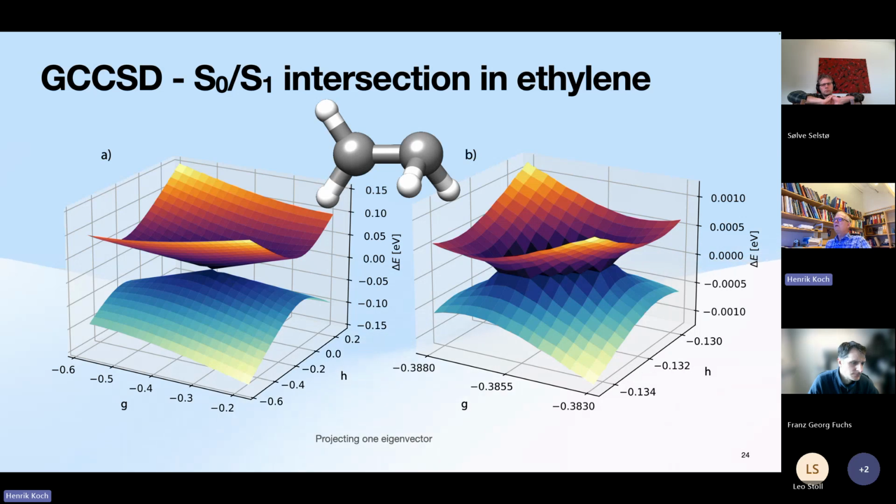Now we can look at the conical intersection in the ethylene molecule, and to the right we have the conical intersection. Now, because the full space matrix is still non-symmetric, then there will be complex eigenvalues when you zoom into this conical intersection, and this is what I have shown here to the right.